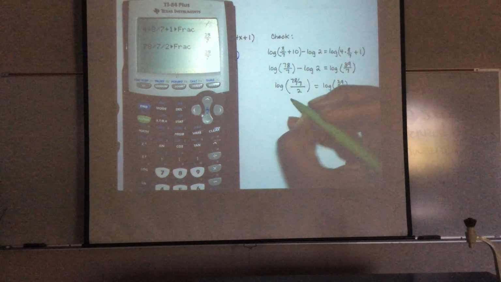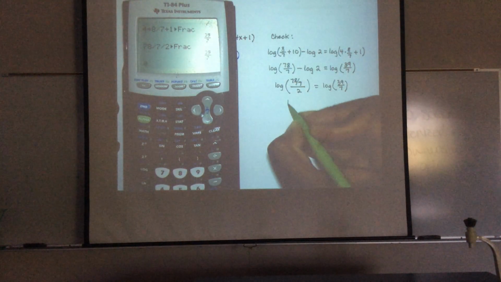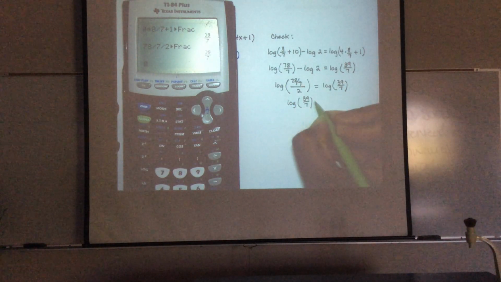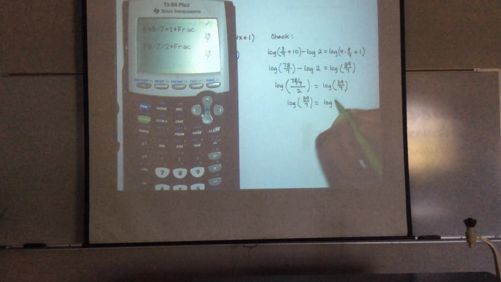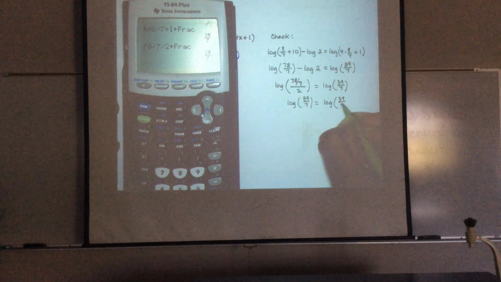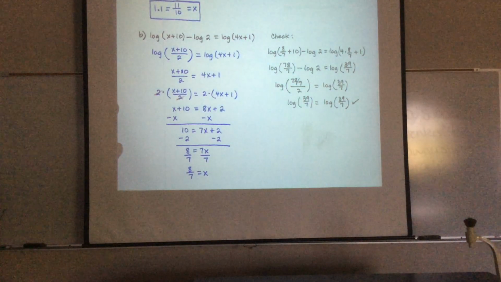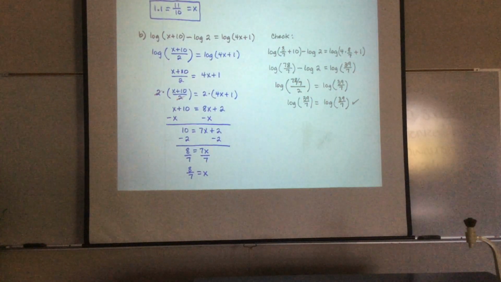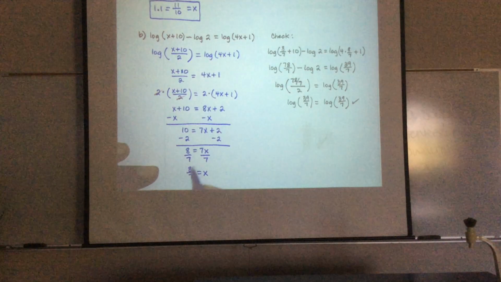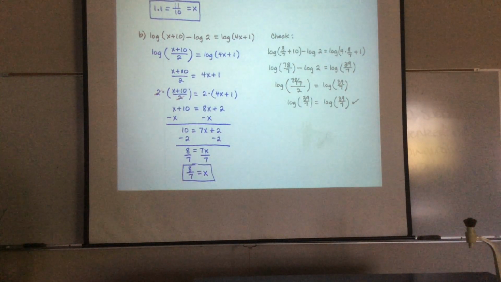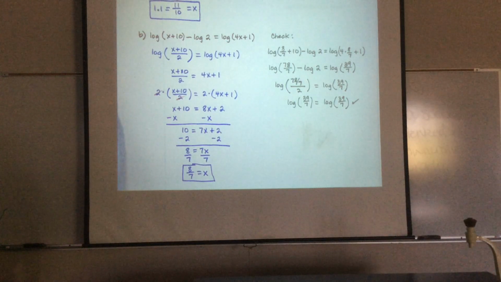You're going to get 39/7 for all of that. So the log of 39/7 is equal to the log of 39/7. That checks. So in this case, x equal 8/7 will be the solution to that logarithmic equation.